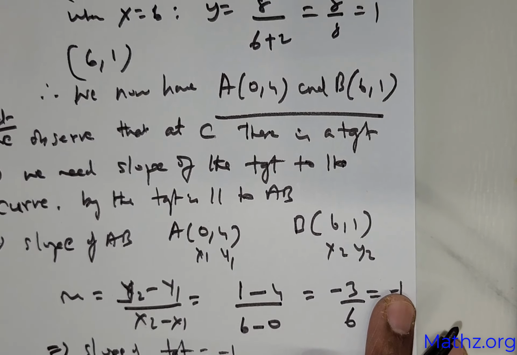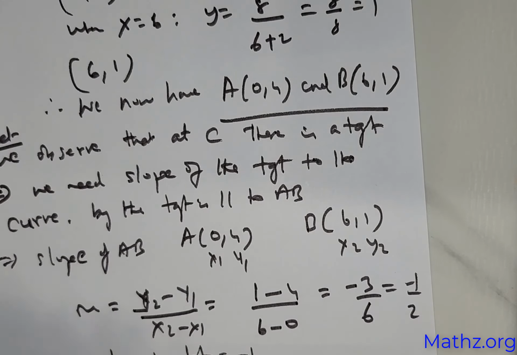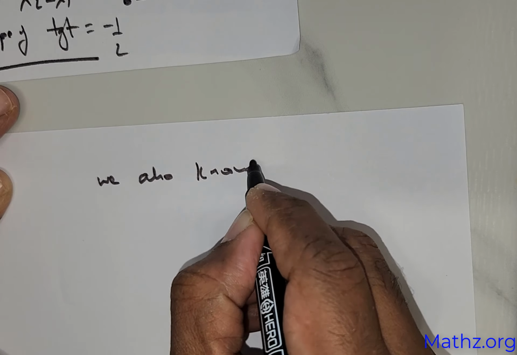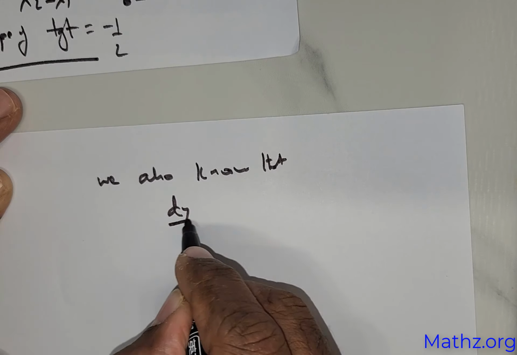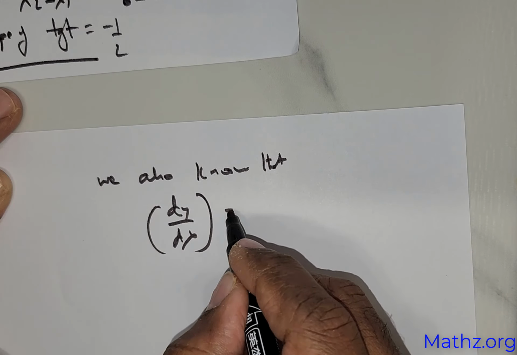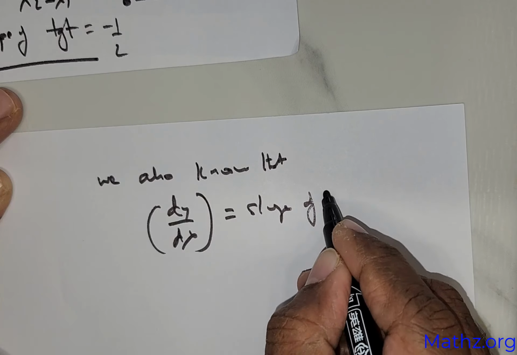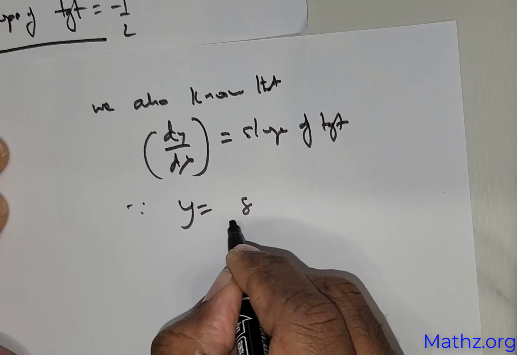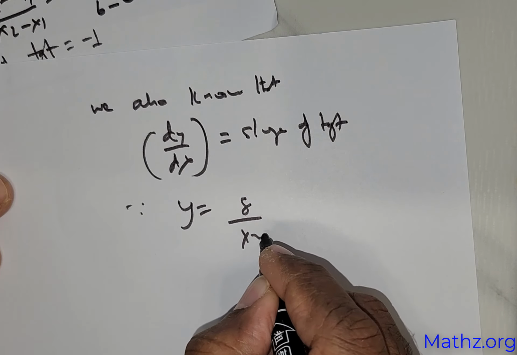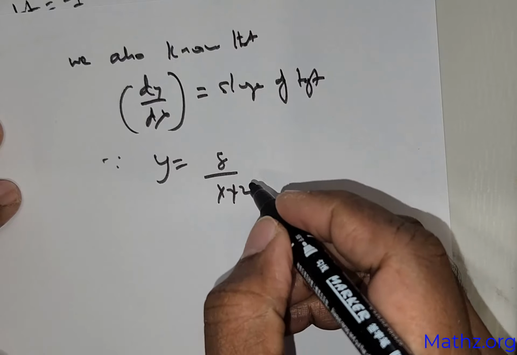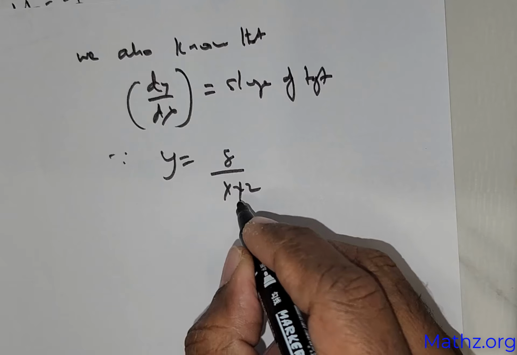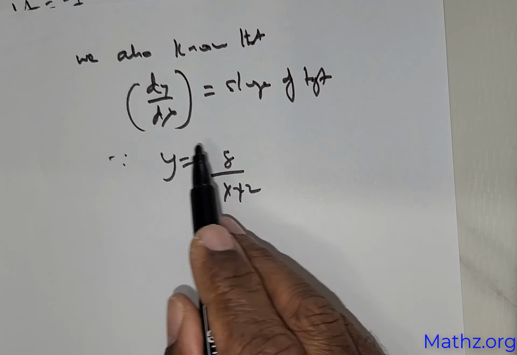Now you need to move one more step out. We also know that dy over dx gives us the slope of the tangent. Now since y = 8 over x + 2, we will have to find the differentiation of this particular curve.